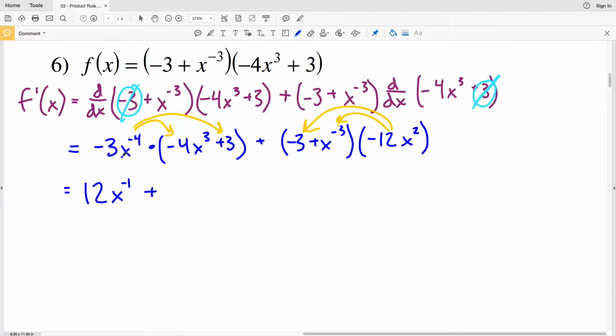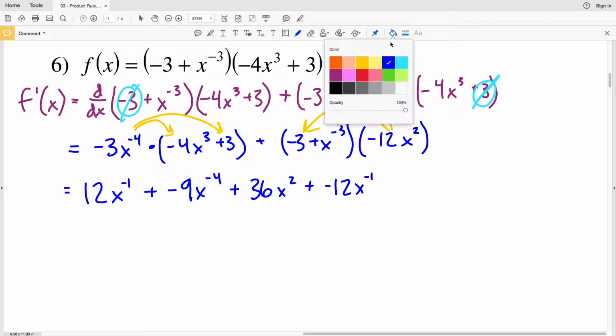And that will get added to negative 3x to the negative fourth times 3, which is negative 9x to the negative fourth. And then we'll be adding negative 3 times negative 12x squared, which is a positive 36x squared, plus x to the negative 3 times negative 12x squared, which is negative 12 times x to the negative 1, because negative 3 plus 2 is a negative 1.